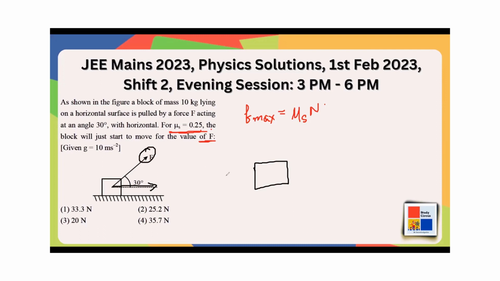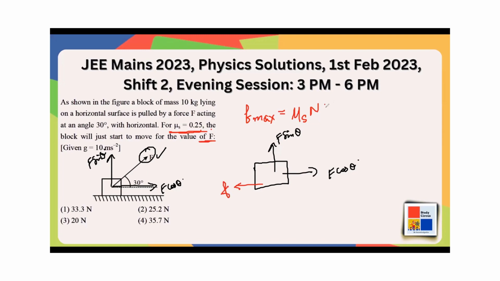This way, this is going to be F cos theta, and the vertical component is going to be F sin theta here, right? So I'll just make it here, F cos theta and F sin theta. I am taking the horizontal and vertical component of this force F here, right? And obviously the friction force will try to oppose the motion in this way.